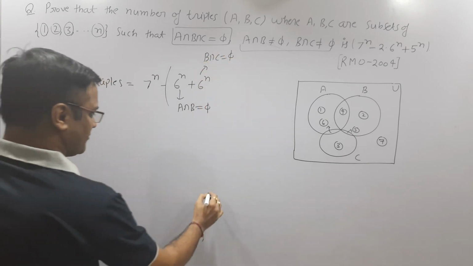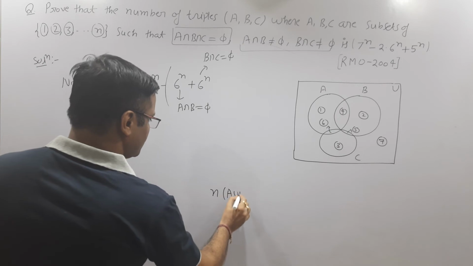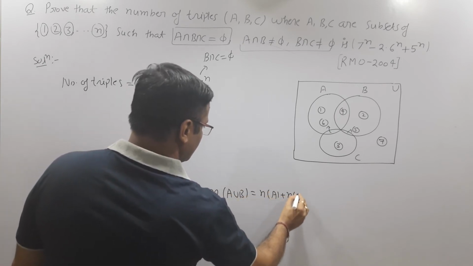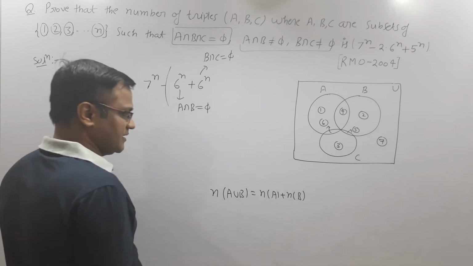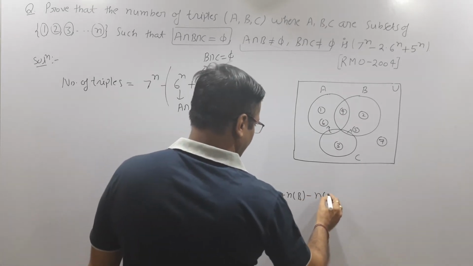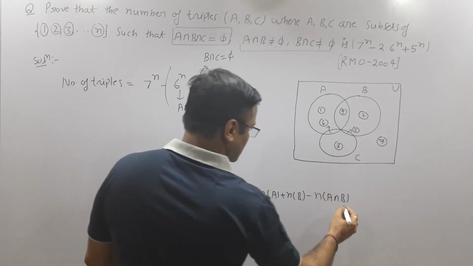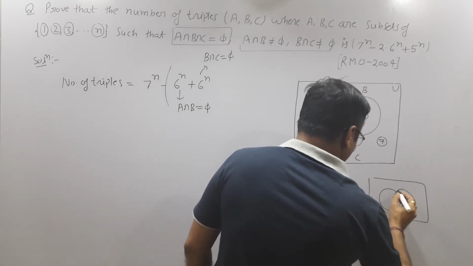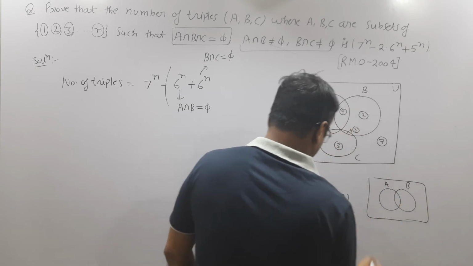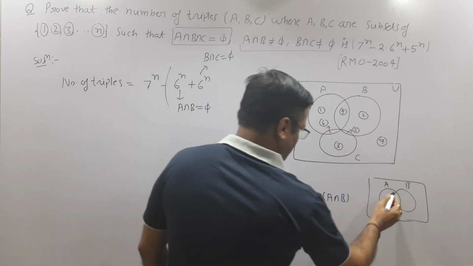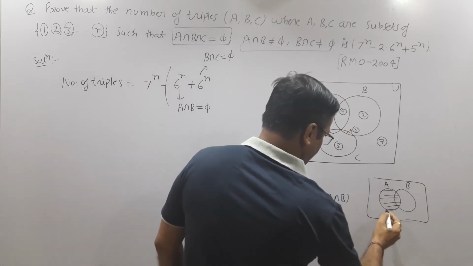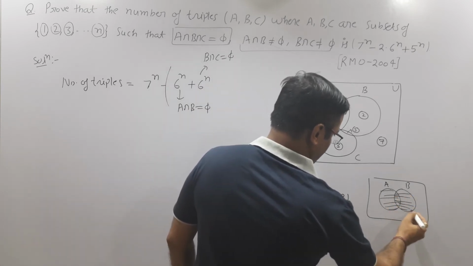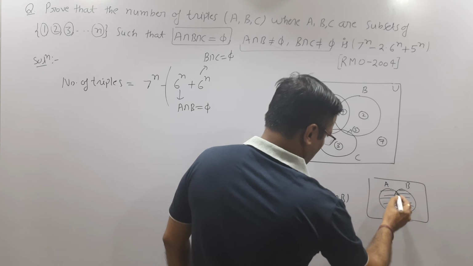And I think you are aware of this formula. n of A union B is what? This is equal to n of A plus n of B, number of elements in set A plus number of elements in set B minus number of elements common to both. The reason is very clear: you have to count this circular region, and if you counted this complete region, and again you are counting the whole set B, it means that this common region is counted twice.